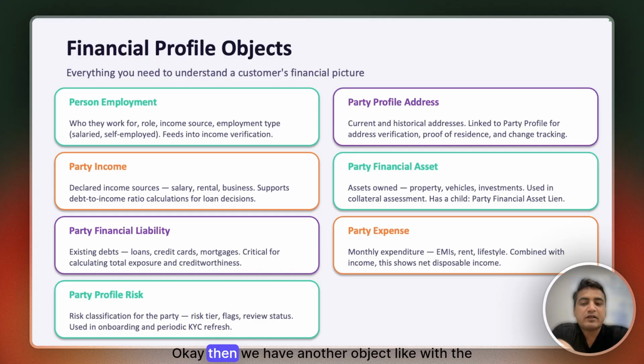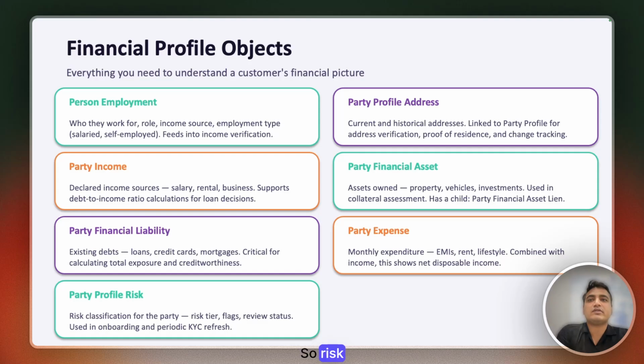Then we have another object. With the help of all of these objects we can calculate the party profile risk as well. Calculating risk is a different process. It involves your financial data, your screening summary, and some other details, but the result of the risk level of a particular party profile can be stored in the party profile risk object.